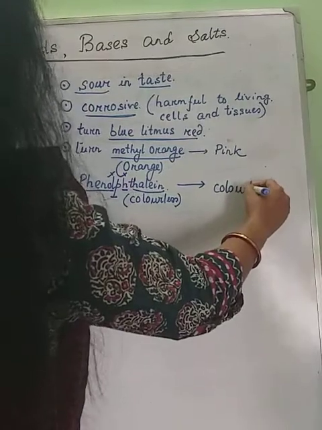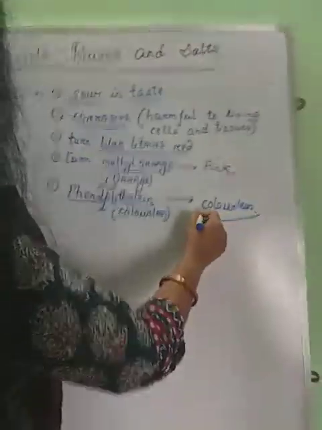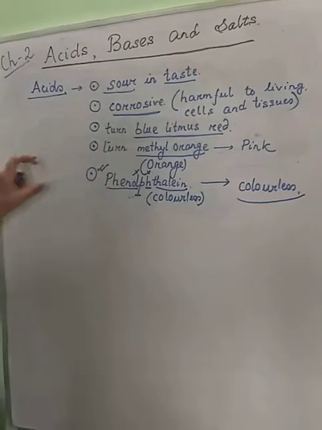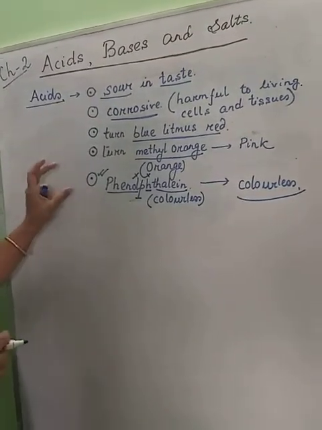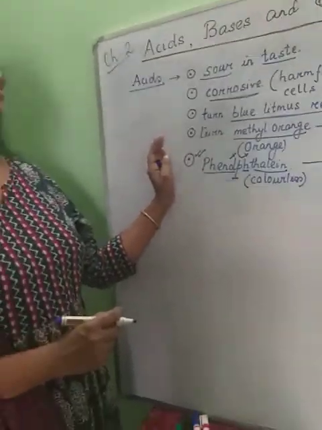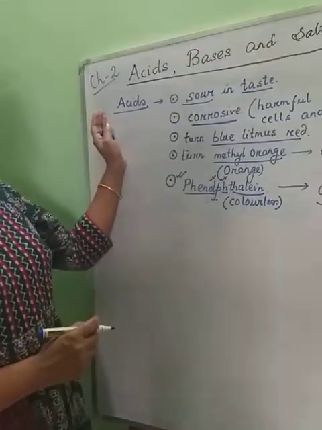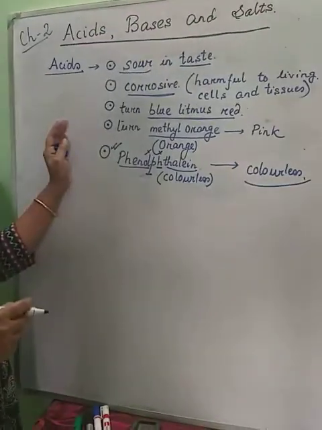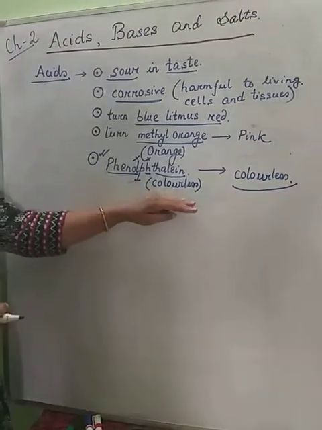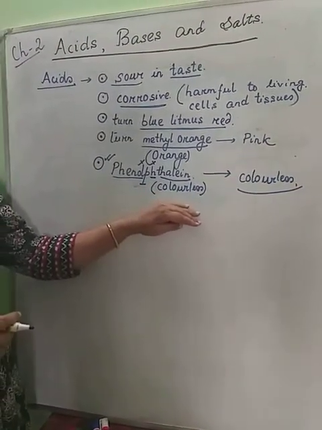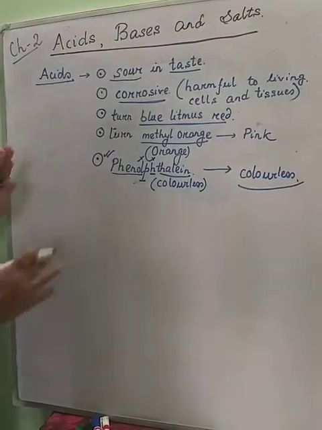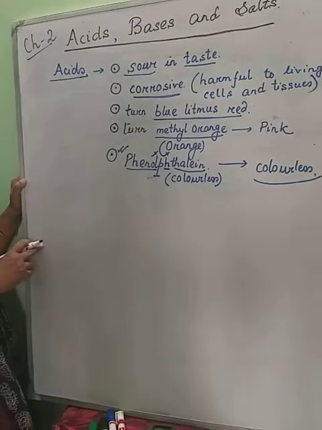That means if the phenolphthalein solution is given and only an acid or a neutral species is given, we will not be able to identify the acid as well as the neutral species by using phenolphthalein only, because both in neutral medium as well as in acidic medium it remains colorless. No change in color is observed.